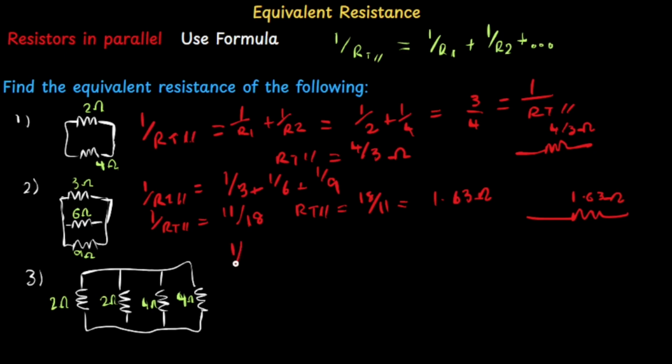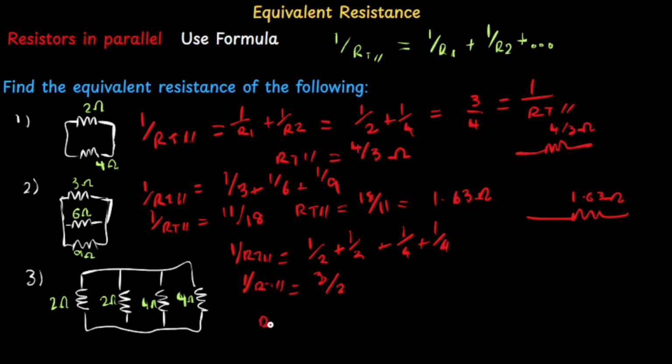I would obtain 1 over RT parallel is equal to 1 over 2 plus 1 over 2 plus 1 over 4 plus 1 over 4. And that would be equal to 3 over 2. So I know that 1 over RT parallel is equal to 3 over 2.